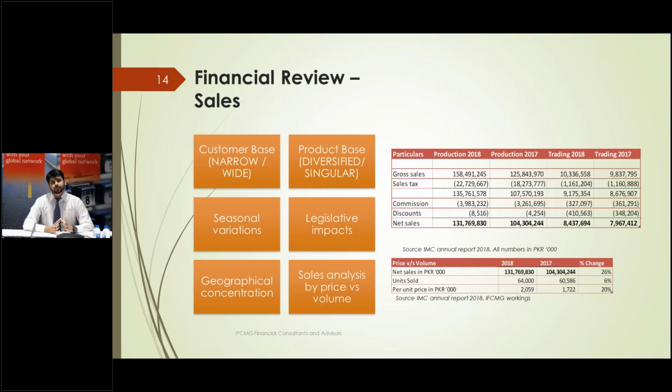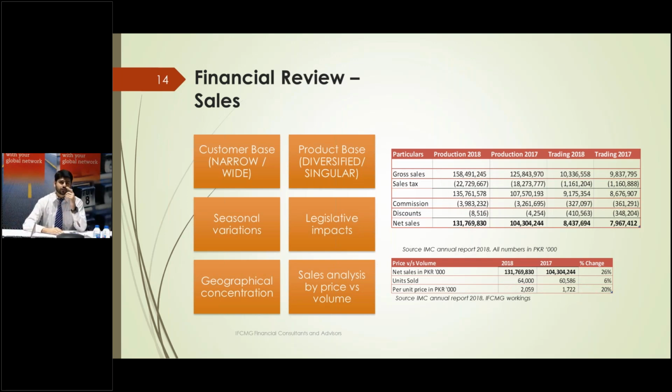So as we noted in our initial brief snapshot, there's only a 6% increase in the number of units sold by Indus Motor Company. However, revenue jumped up by 25%. So if you can see, we've done an analysis here.